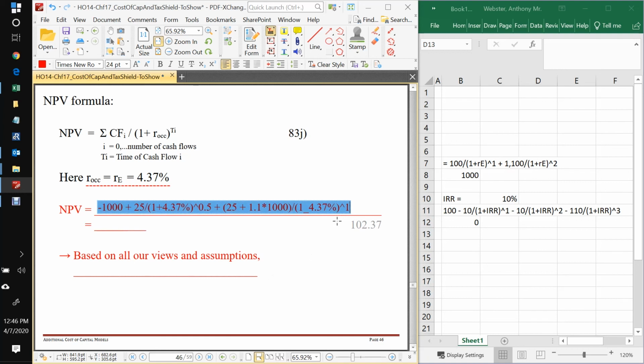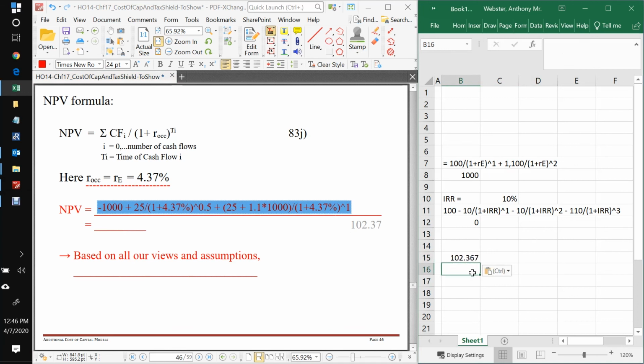And let's just take this into Excel. And whoops, not quite yet because I see I have a mistake here. All right. And I still have a mistake here. 1 plus 4.37%. Okay. And let's bring this into Excel and see what we got here.